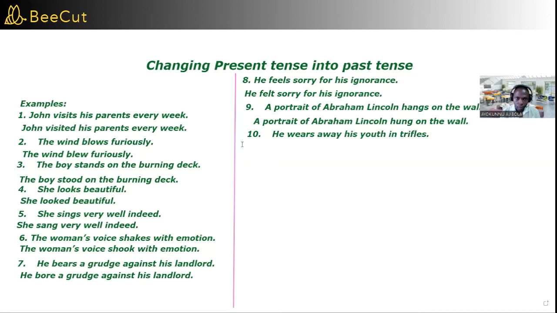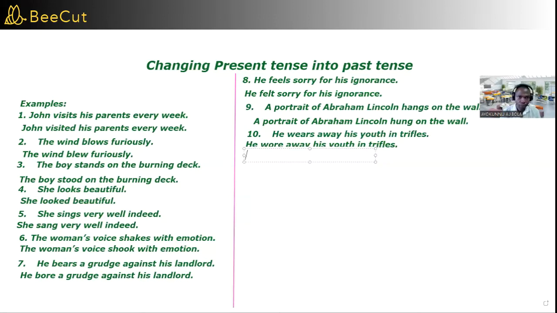So this is like an idiom, and where it's going to change to wore. So: he wore away his youth in trifles. So that is that. And number 11, a few more to go.